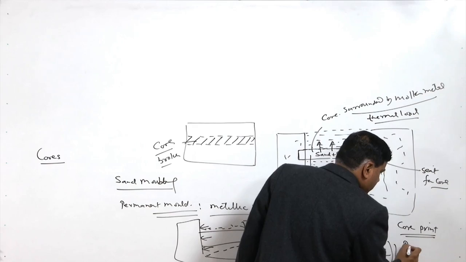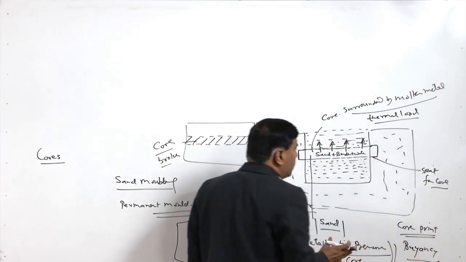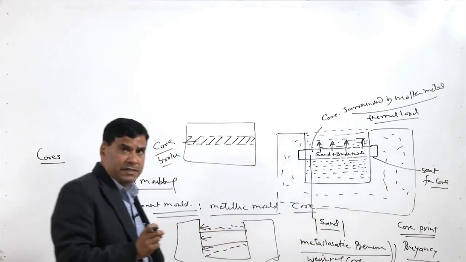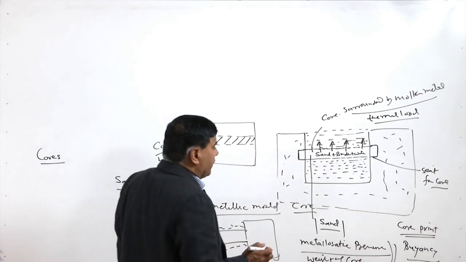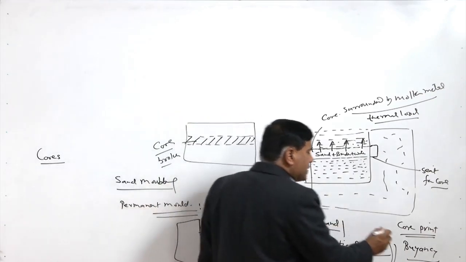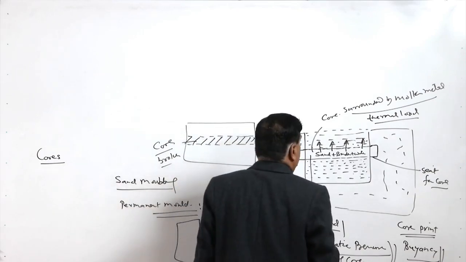buoyancy, which acts onto the core because of the density difference between the molten metal and the core material. And this is much higher than the kind of load which is experienced by the walls.